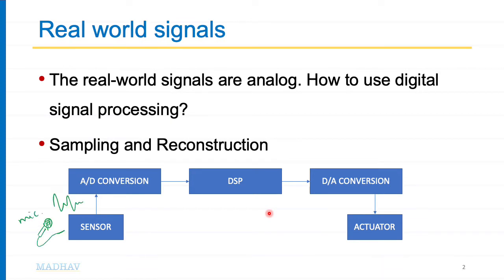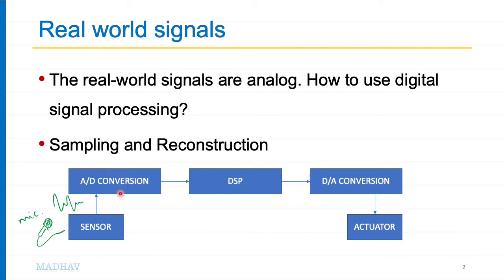The sensor could be some measurement device which is measuring the real world analog quantity, like temperature, pressure, or sound vibrations, anything. For example, a microphone is a sensor which is measuring what I am speaking. When I speak, the membrane of my microphone vibrates, and this signal goes to the A to D converter.